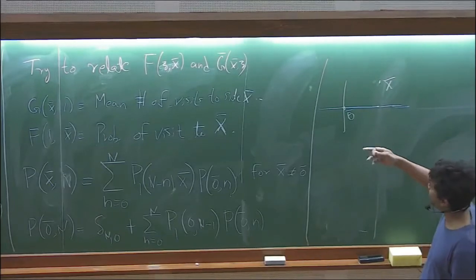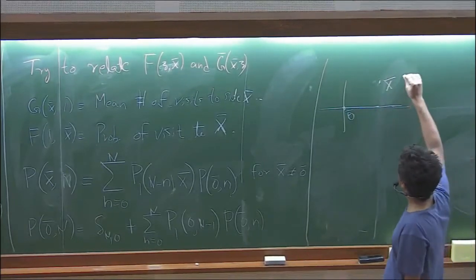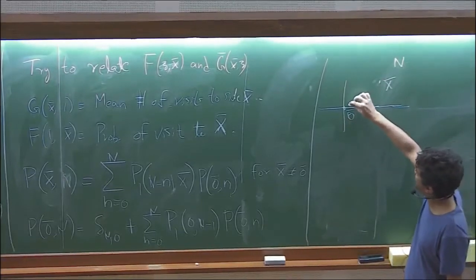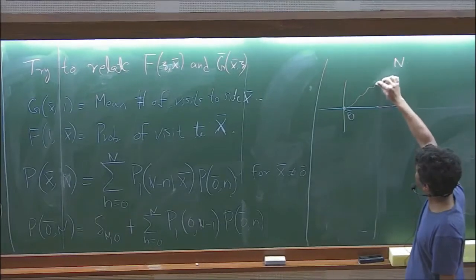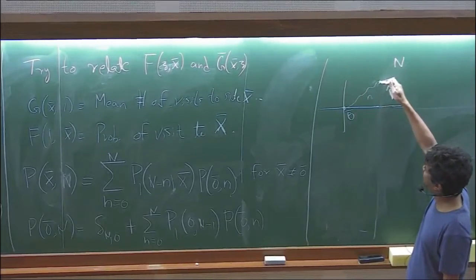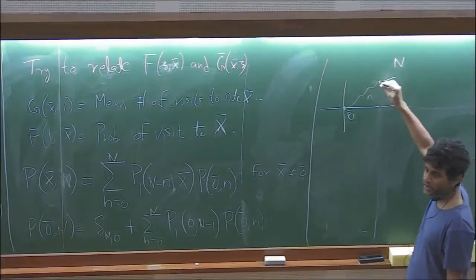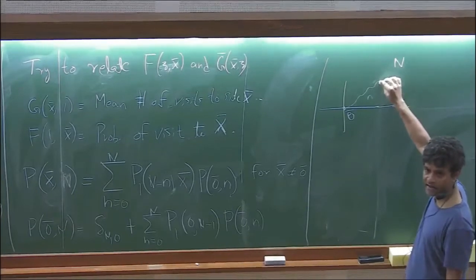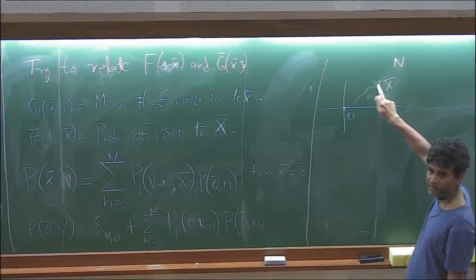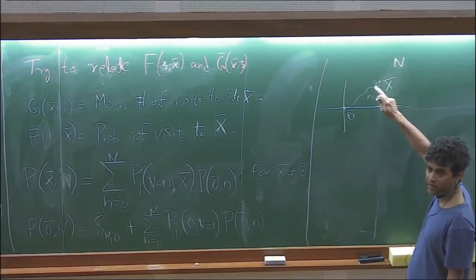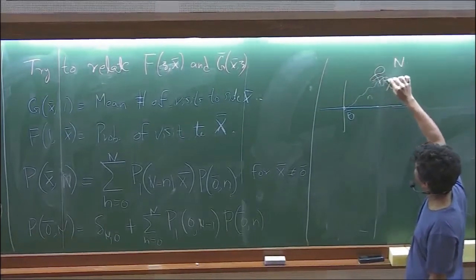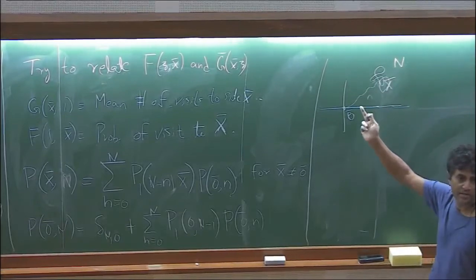There will be some paths where I visit this place for the first time at some time m, and in the remaining n minus m time I start from here and I have to come back here. So I reach here at some time and then come back, in the remaining n minus m time, and in that remaining time I might have come back many times.